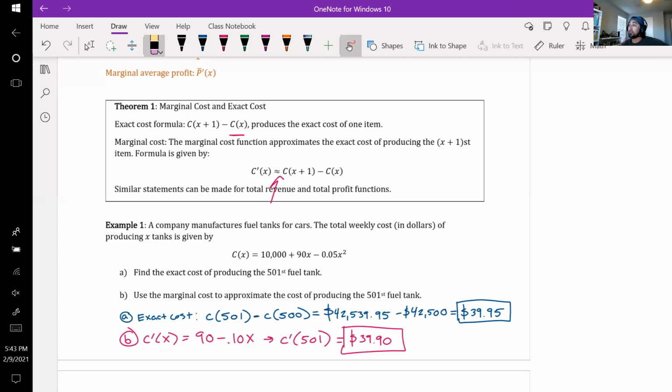Because if we're making X amount of fuel tanks, but we're selling them at a higher price, then we could be making more profit. And maybe later on at 1,000 fuel tanks, the price is going down. But this problem just wanted to explore how to find the exact cost and show that marginal cost will get you very, very close to the exact cost.